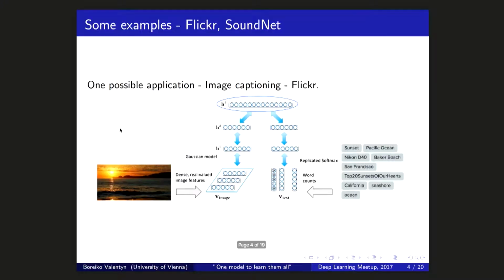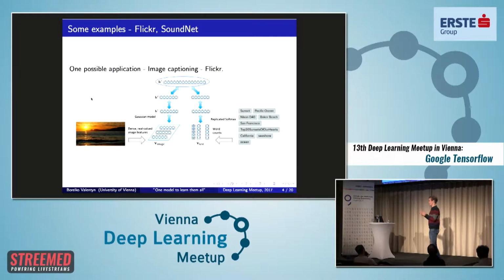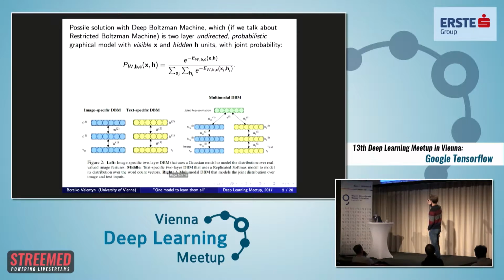So there are some examples of multimodal learning that already were created. For example, when you use a restricted Boltzmann machine or deep Boltzmann machines, you can create captions or learn the captions, like the positioning of the caption and the image in the feature space or the hidden layers, so to speak. The approach to solve this is the Boltzmann machine, so a deep Boltzmann machine.